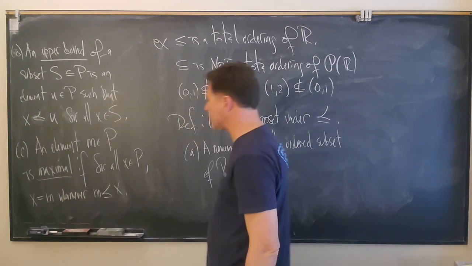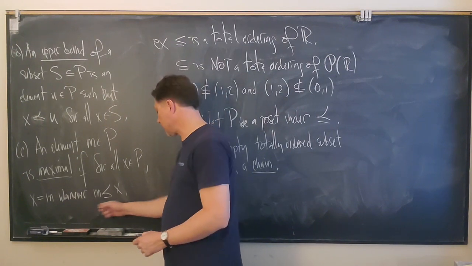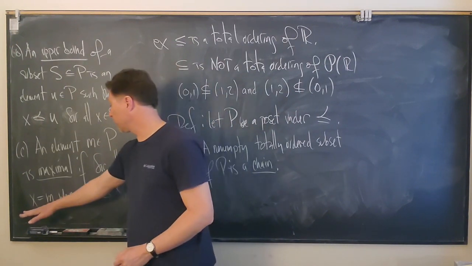So the idea is that you have no element that is strictly larger than m. Anytime you see this symbol right here, it forces you to include that they're actually equal.